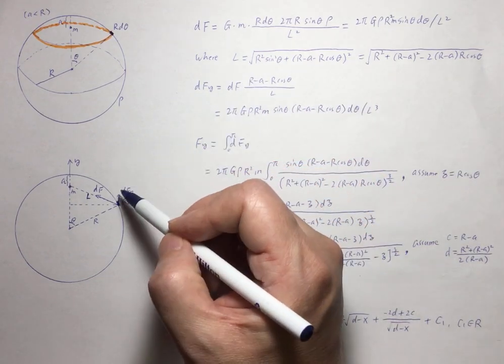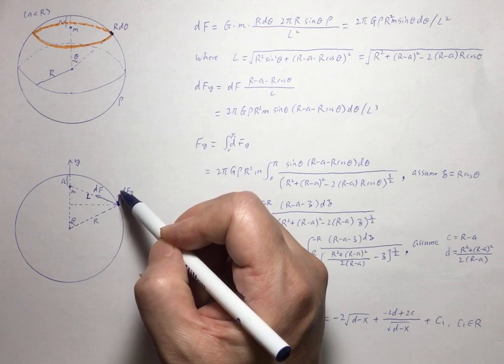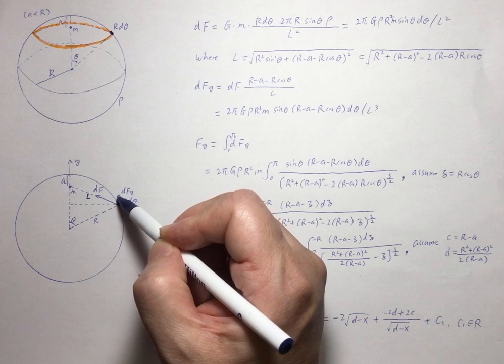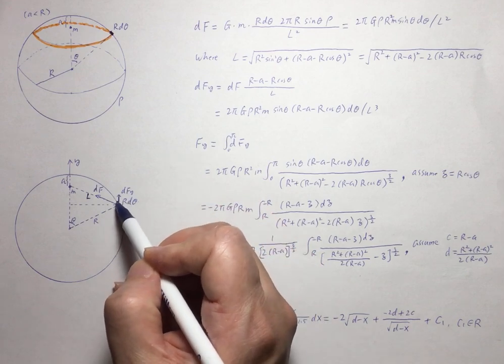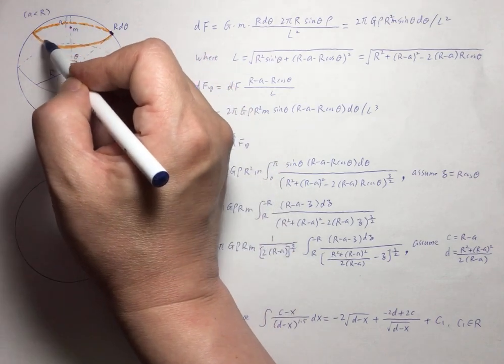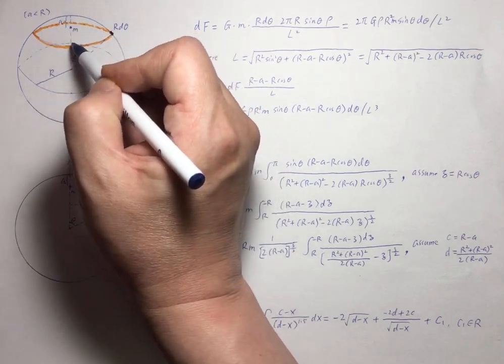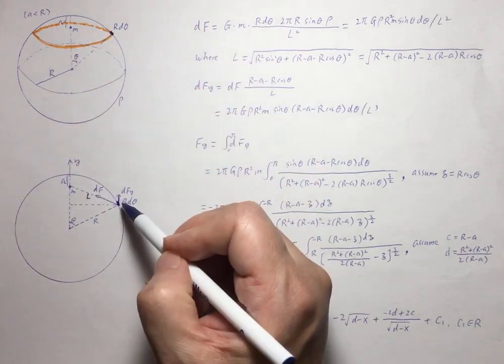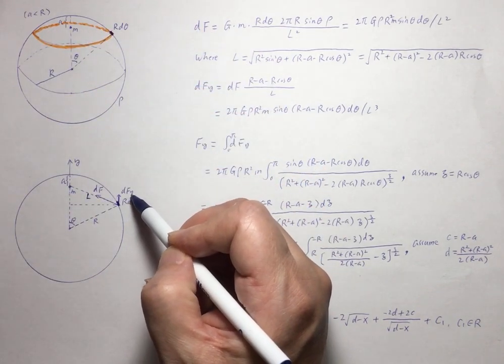And then only the force along the y direction will count. The force components that are in this surface will cancel each other due to symmetry. So we only calculate the dFy.